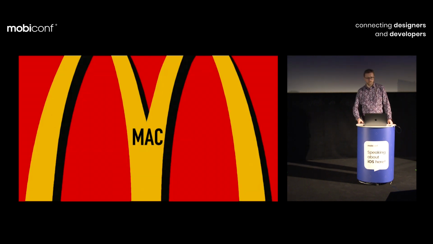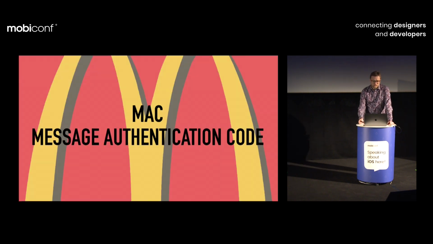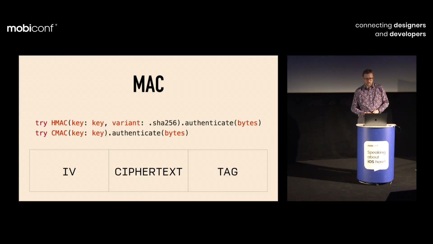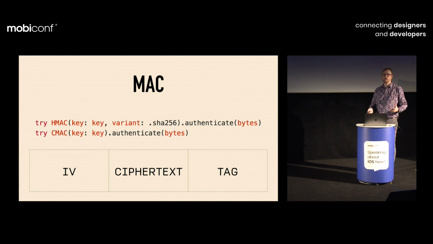And then there is a MAC. MAC is another cryptography primitive, message authentication code. It's like a hash. The other name is tag. How is it used? This is the tag that authenticates your message or your ciphertext. It's like a signature, but it's not a signature.